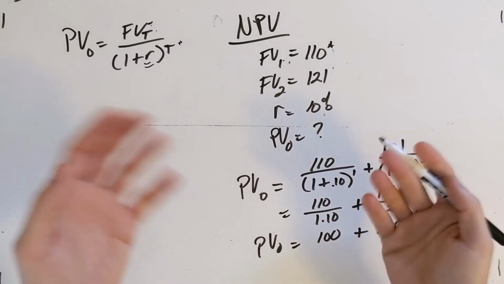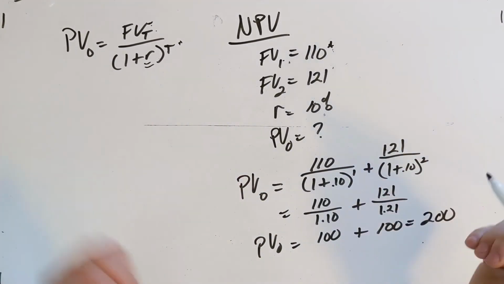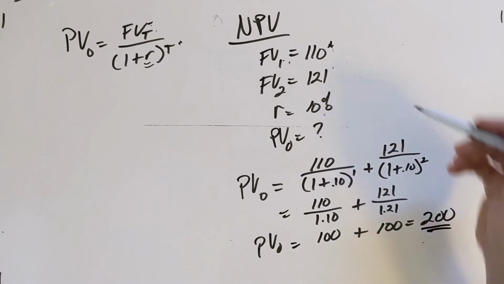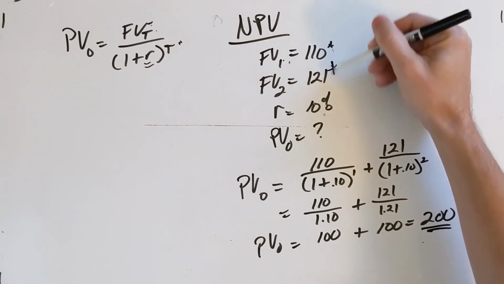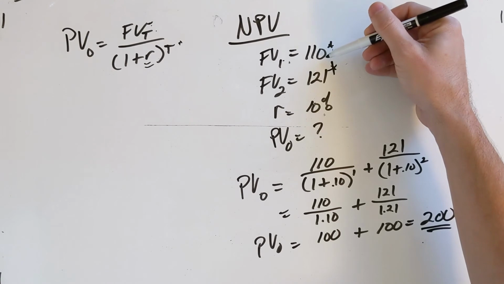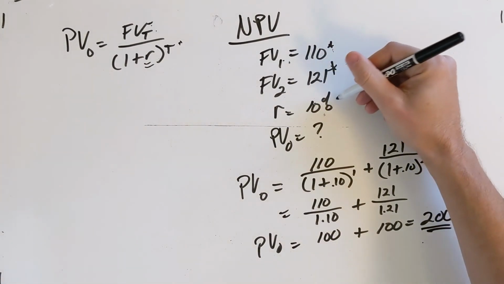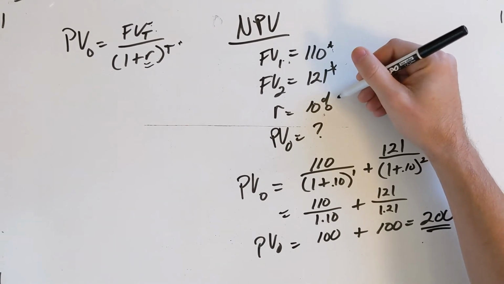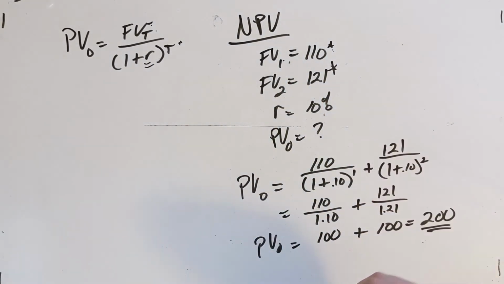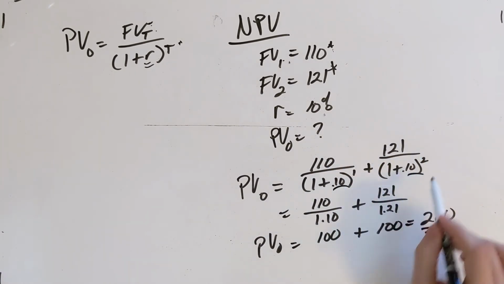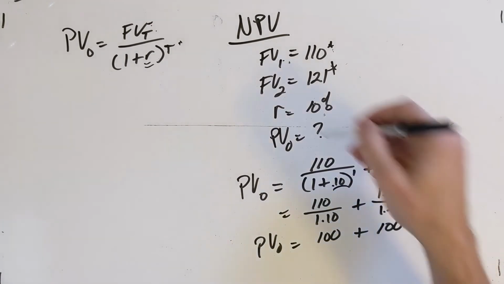Now, this could be a different way to look at it. If you invested $200 today, would you be okay receiving these 2 future cash flows in exchange for your $200 right now? Well, if you're okay getting a 10% rate of return, then yeah, this would be a good deal, because at $200 investment with these future payments, this investment would earn 10% because that's the rate I used.